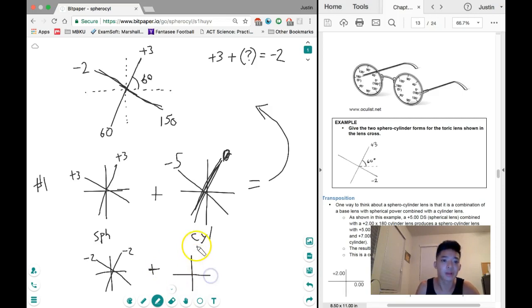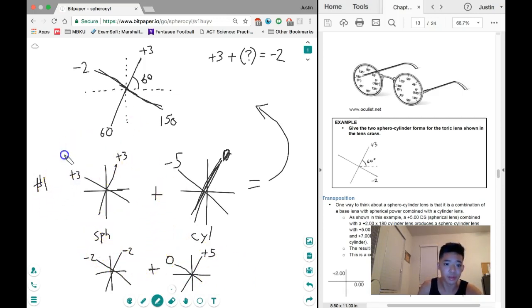So what would the cyl be? You want -2 plus what gives you this +3? It's going to be a +5, because you can see that -2 plus 5 gives you this result. We're working backwards here in a way. And then, since it's a cylinder, it's going to be 0. So these are the two separate forms.